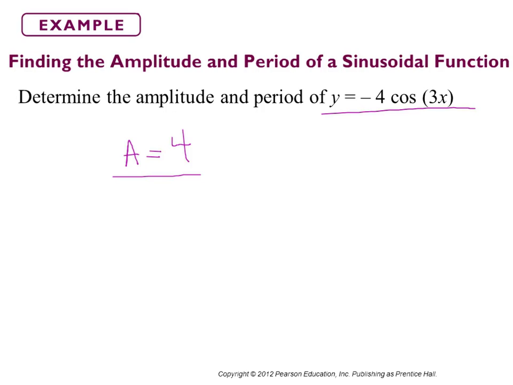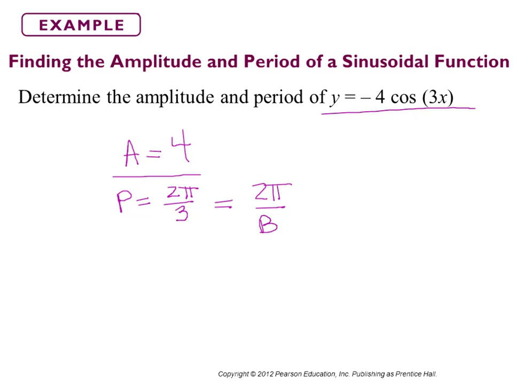And then the period is equal to what? 2 pi over 3. 2 pi over b, because remember, this is going to compress it.